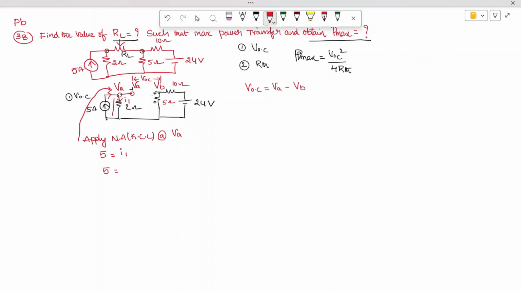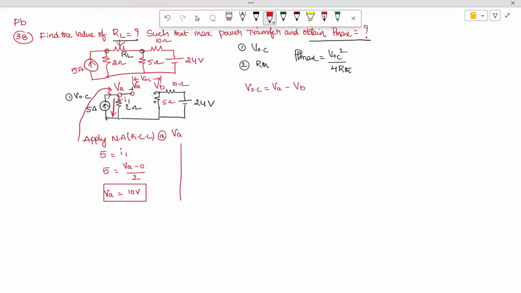So 5 is equal to I1, which flows in this direction, and I can write it as VA minus 0 divided by 2. Therefore, VA is equal to 5 into 2, which is 10 volts.